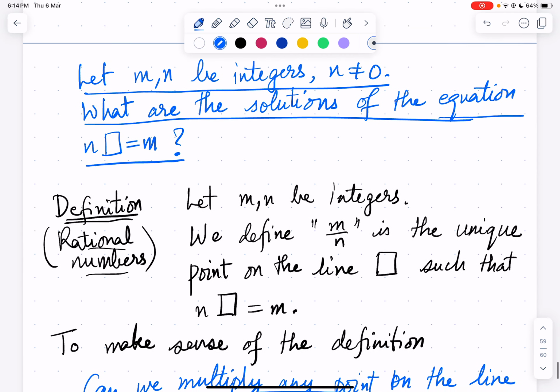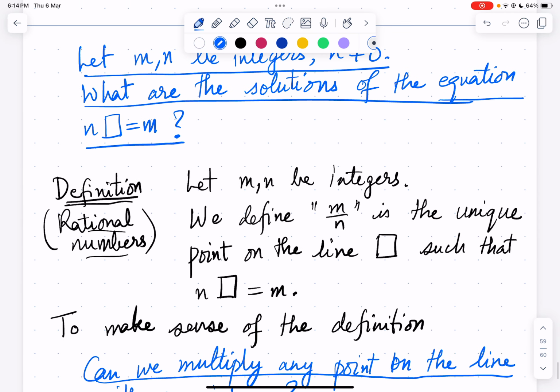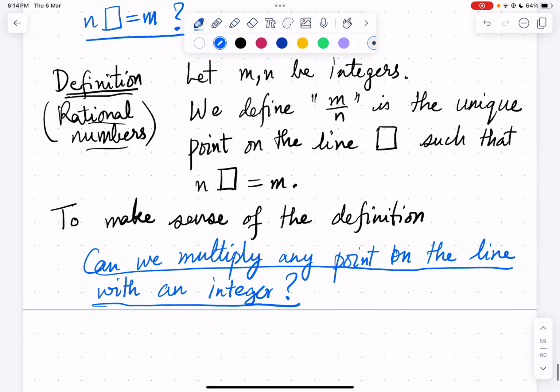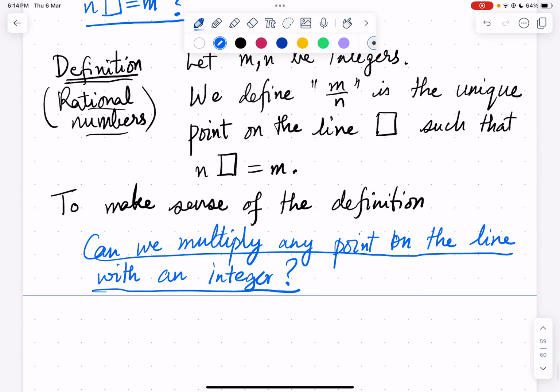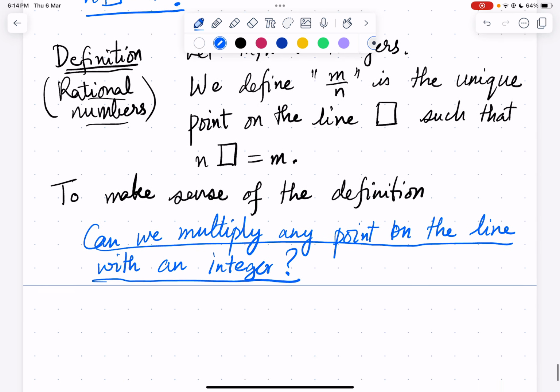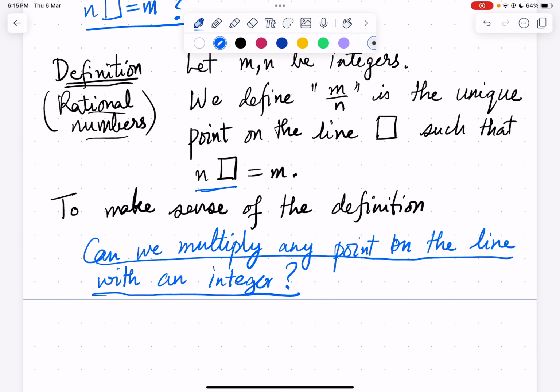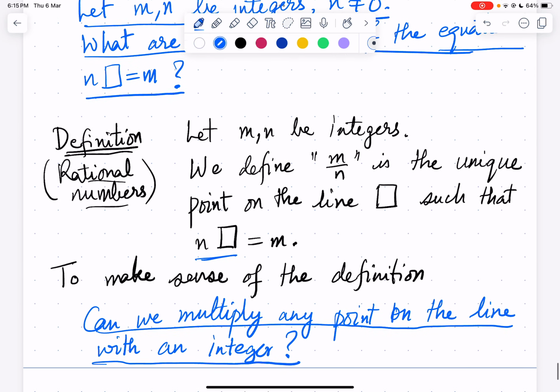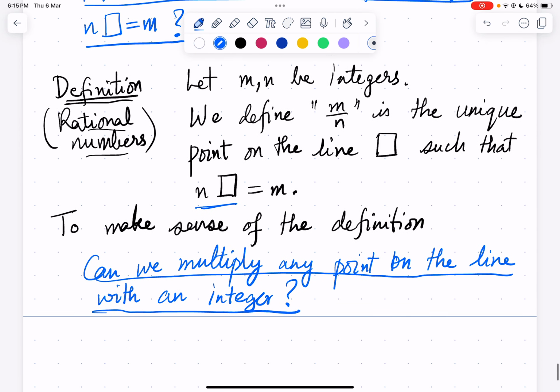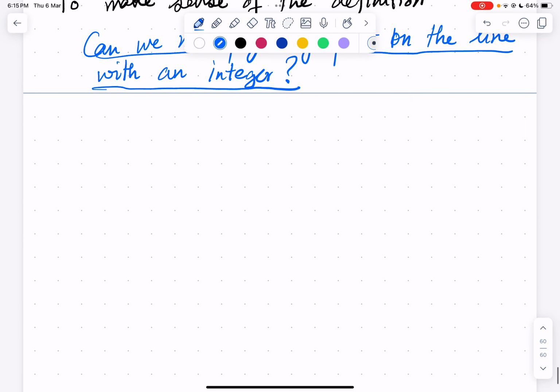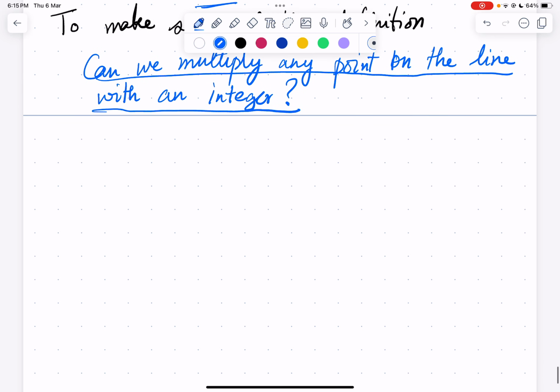So m by n, we define it to be the unique point on the line such that n times that point is m. Only then can we define this term n times box. An integer times any point on the line, how do we define that? Once we define that, we'll be done.